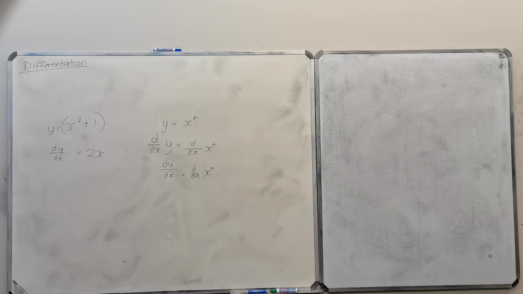Can you see that? d over dx f of x is equal to d over dx x to the power n. When you're writing d over dx of f of x, you can write it as f prime x. So it's the derivative of it, the differential coefficient. Okay? That's just some symbol theory that you should know.